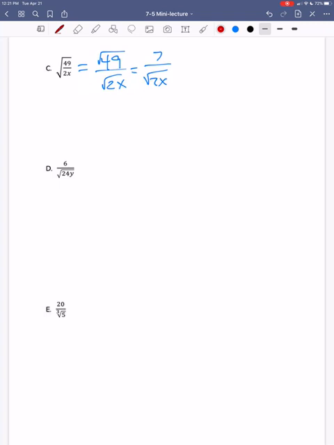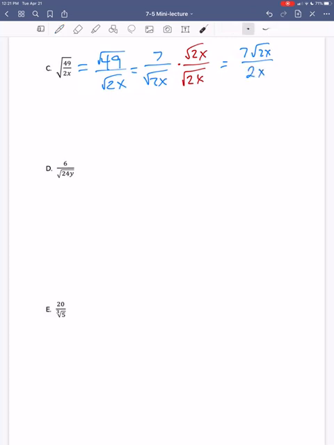And so what I'm going to do is multiply by that same square root. And so in the top, I get 7 times the square root of 2x. In the bottom, if I take a square root times itself, that always cancels out, right? So I'm just going to be left with the inside 2x.